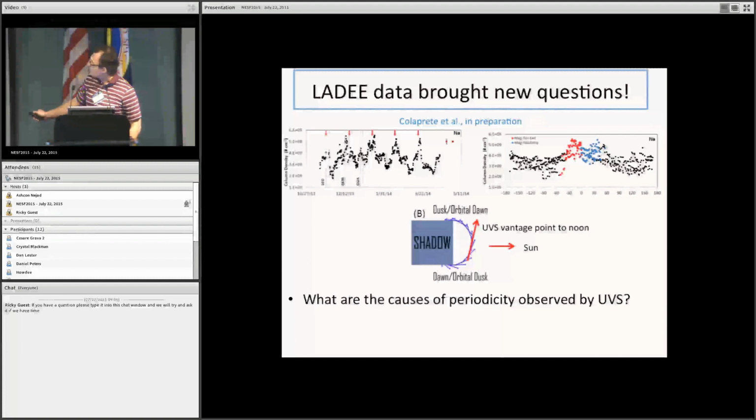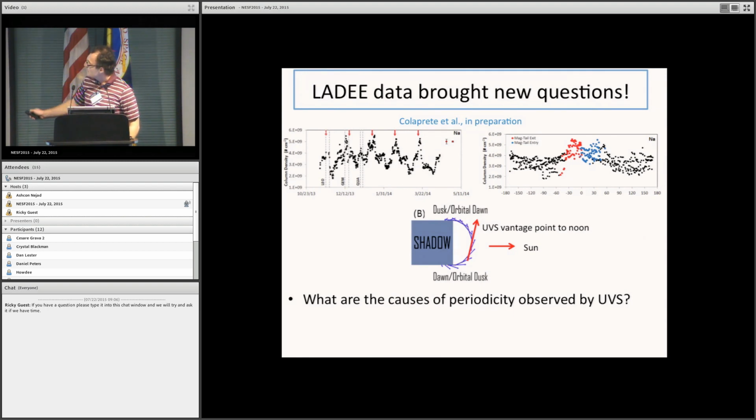In this data set, you see even more clearly the long-term variation. Look at how the minima observed near new moon show this trend, first increasing, then decreasing over time. But notice that within every month, you see a clear variation by something like a factor of 2.